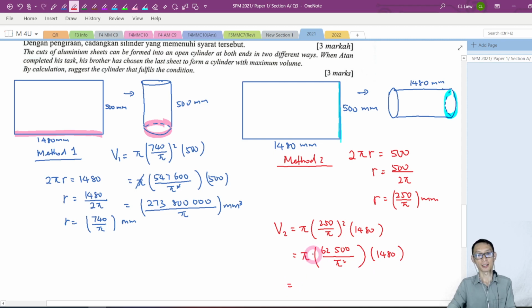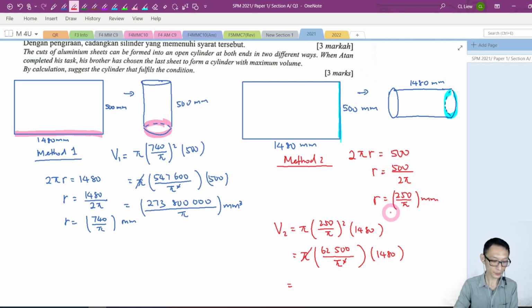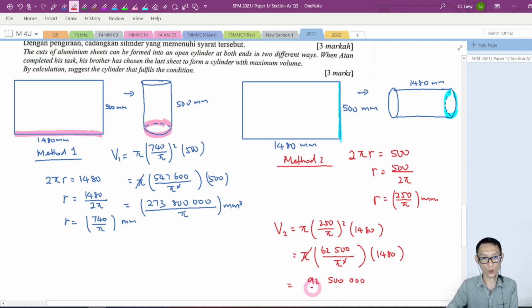Okay, now divided by pi, 62500 times 1480. Okay, you will get 92,500,000 over pi cubic millimeter.